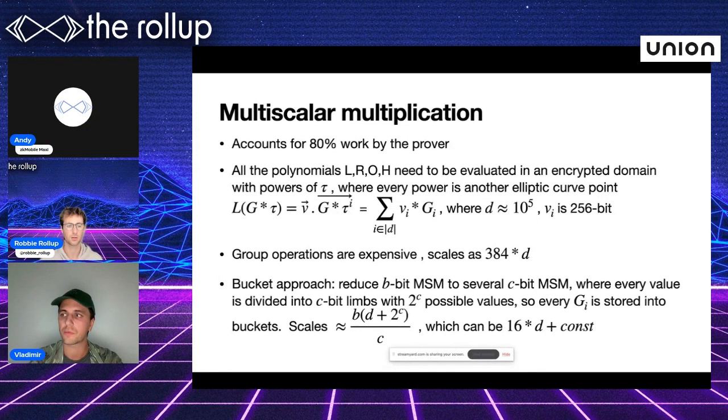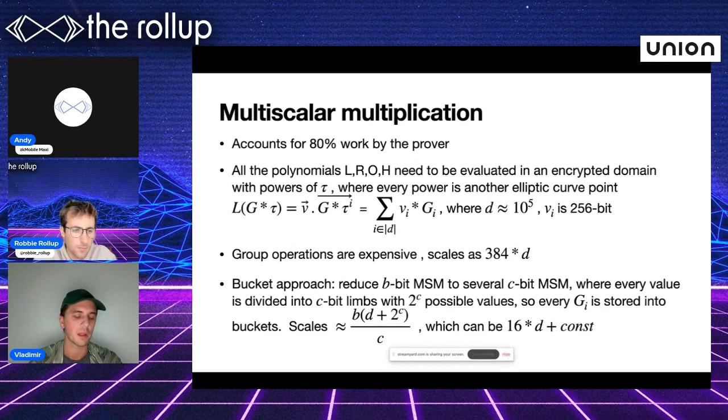So yes, different curves have different properties. For example, these curves are pairing friendly, which means they have something like a curve extension, an embedding degree, or something like this. This is indeed the moon math.